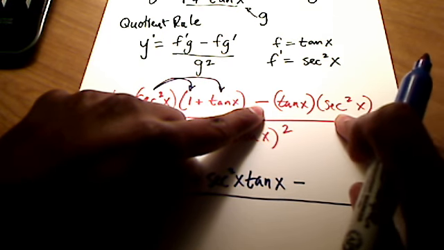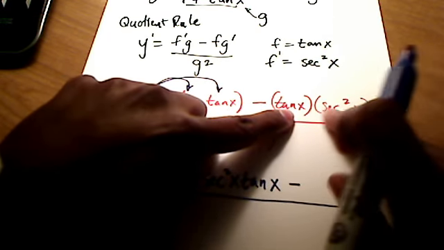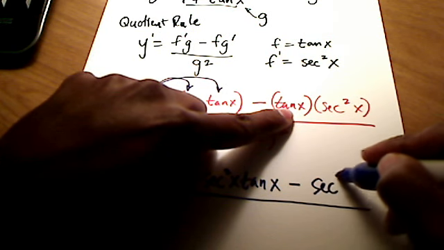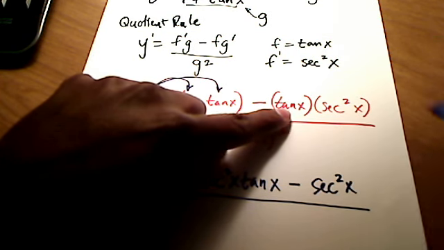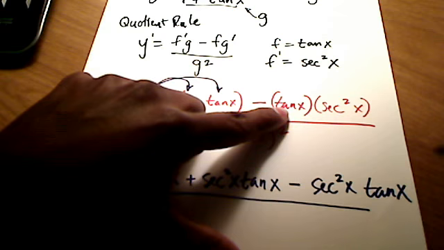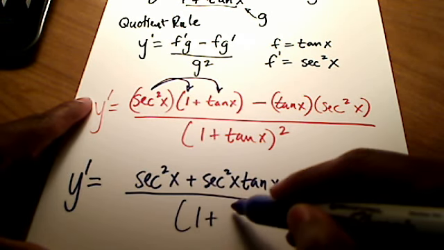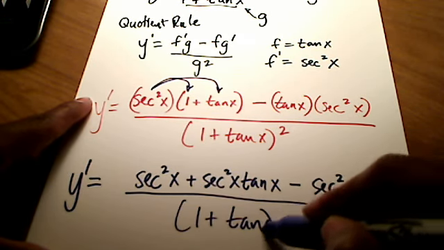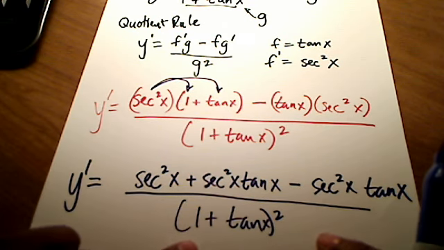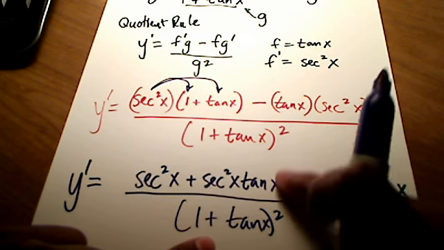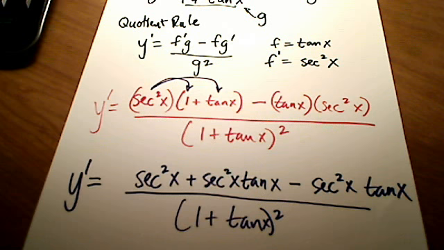I'm going to move them around, putting the secant squared x first and then the tan x second. I'm doing that because the denominator just stayed the same, that didn't change any. But you see in the numerator now that I've got two terms that are opposites.